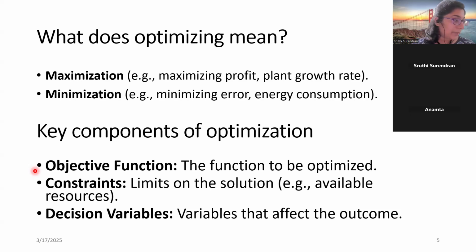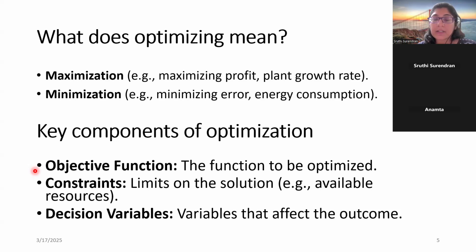Now, some key components of optimization. There are three major components when we look at an optimization problem. First is the objective function, second is the constraints, and third is the decision variables.